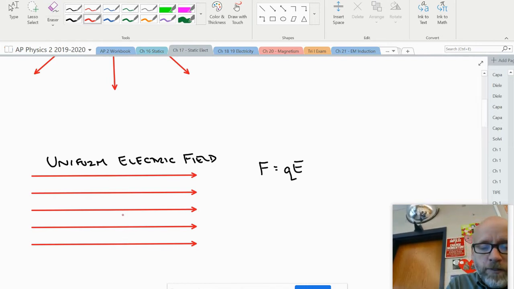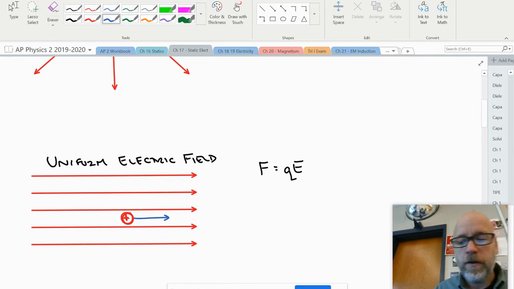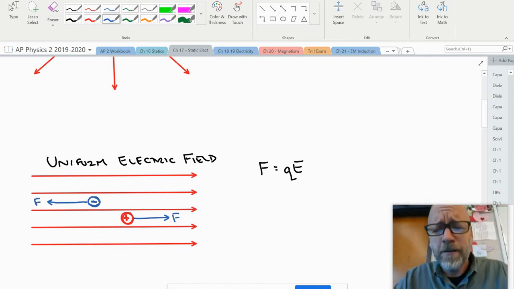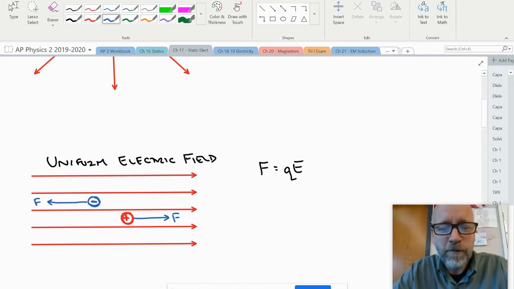So if I place a positive charge in this field, it will experience a force in the direction of the field lines. If I have a negative charge placed in that field, it will experience a force opposite. Of course you know that. Good. Bask in the fact that you already know this stuff.